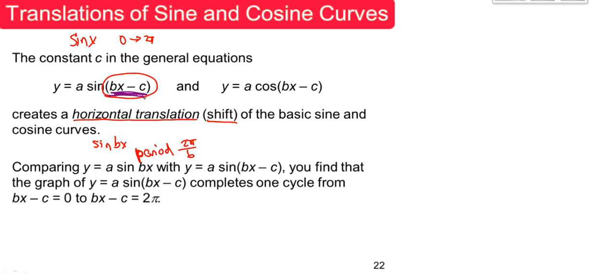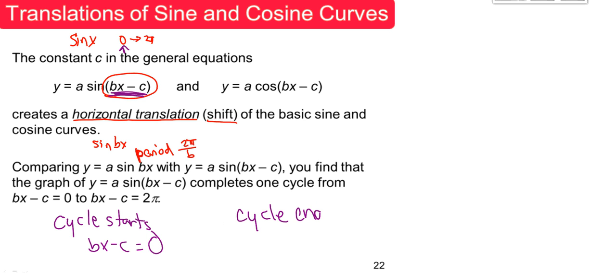Now the cycle starts when bx minus c is equal to 0, because that's when sine or cosine functions start. And the cycle ends when bx minus c equals 2 pi, because that's where the cycle ends.